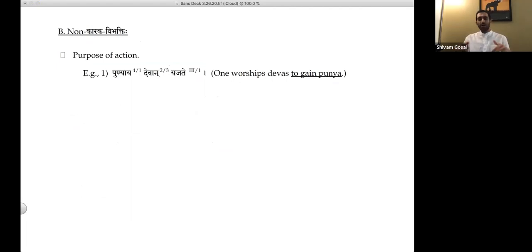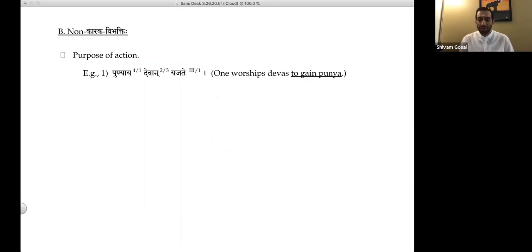Okay, now the non-karaka vibhaktis. Again, the vibhakti conveying karaka could convey other things. Now this one's really important: the purpose of an action. So the reason why I do something, the purpose of action, can be put in the fourth case. So punyaya devan yajate.